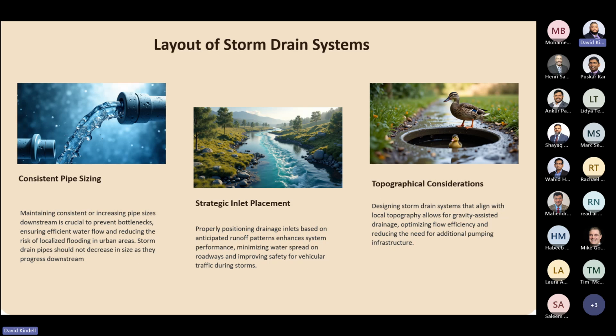What that means is you don't want to have a 15-inch pipe and then the next pipe be 12-inch. The storm drain from upstream to downstream should increase in size, not decrease. I'll show you an example on the next slide.